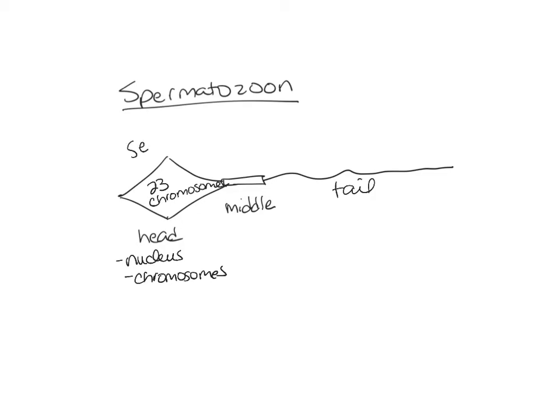This is a sex cell. It's not a somatic cell, it's a sex cell. The sex cells are the only cells that have only 23 chromosomes and not 23 pairs of chromosomes. The middle piece contains mitochondria. Mitochondria are going to make the ATP that will help the tail to move and make the sperm motile.